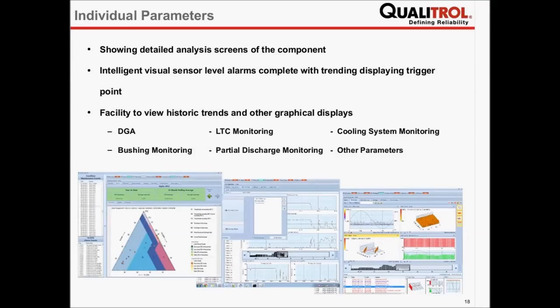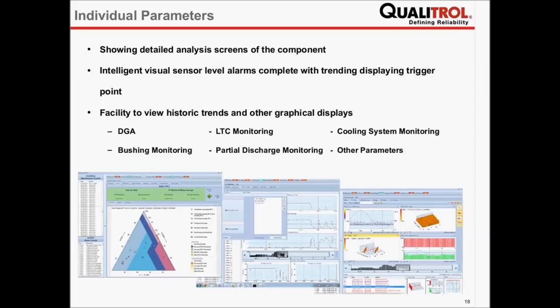If it is LTC monitoring, I should be able to see my inrush current, steady state current, power consumption of the motor, my different tap positions, and the history of different tap positions. Everything I should be able to see in that LTC monitoring section.